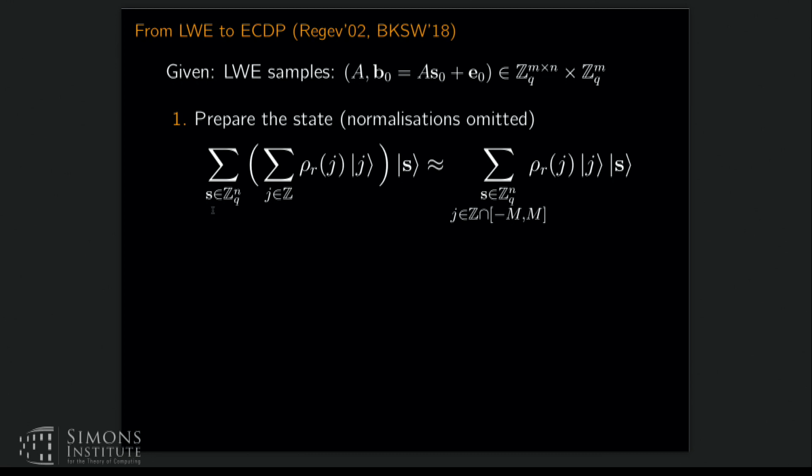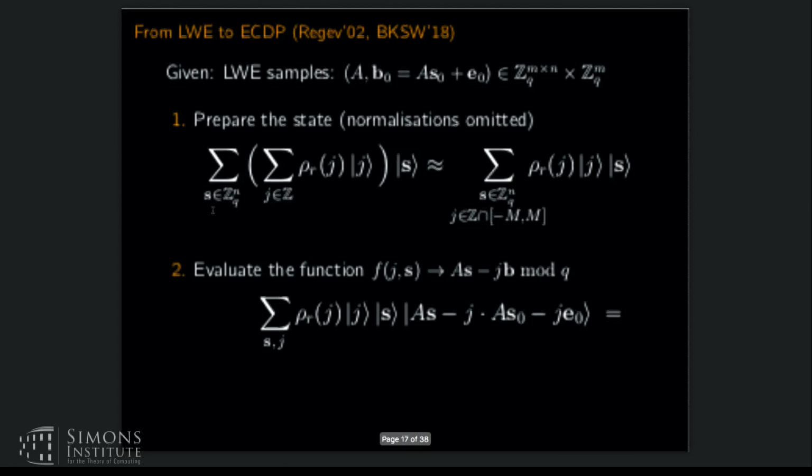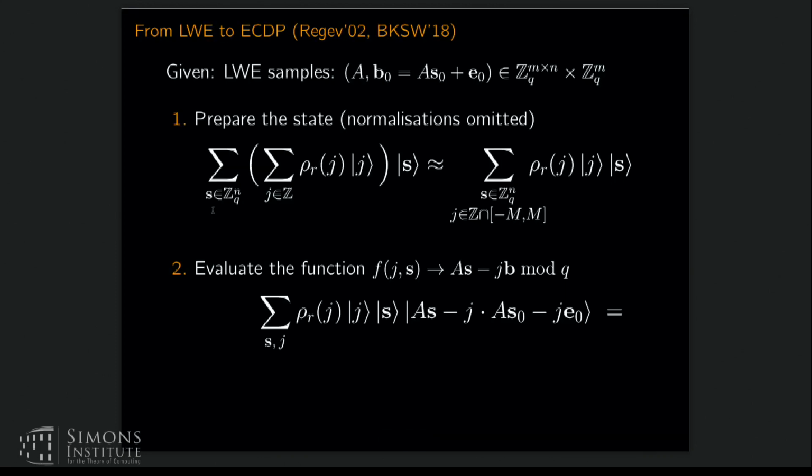Now I haven't used my LWE samples yet. That's a good time to use them. What I'm going to do is apply the following function that takes as the first argument the J and the S that is stored here, and applies this function that depends on A, and I should put B0 here, and this should be B0.